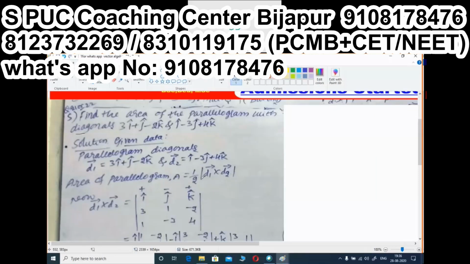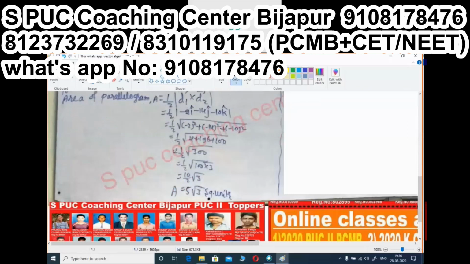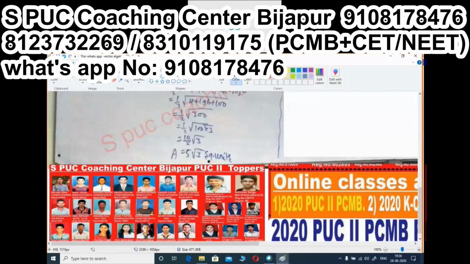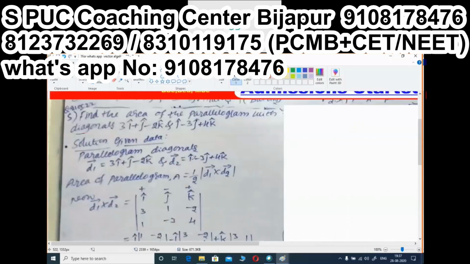In the previous case you took just A vector cross B vector. Here also, similar to that, you do D1 vector cross D2 vector. The additional thing here is 1 by 2, which you write as it is, and afterwards you divide at the last. So let us go ahead with that solution.